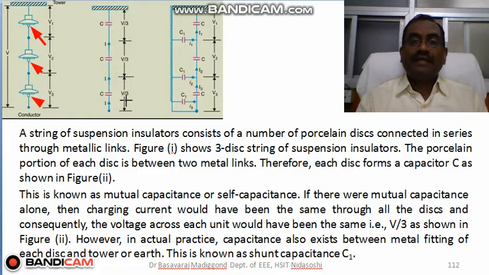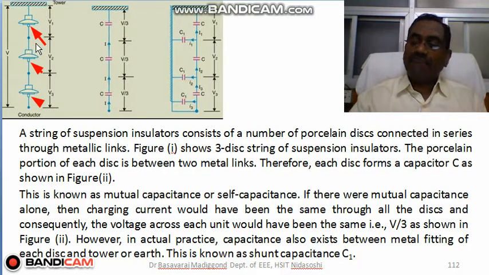A string of suspension insulators consisting of a number of porcelain discs which are connected in series through metallic links. I told you these are all the metallic links.